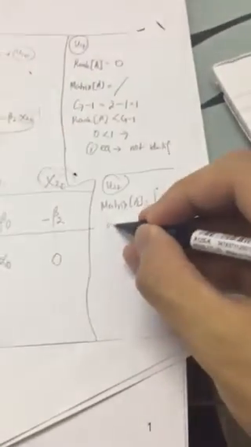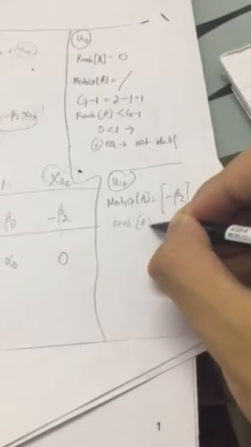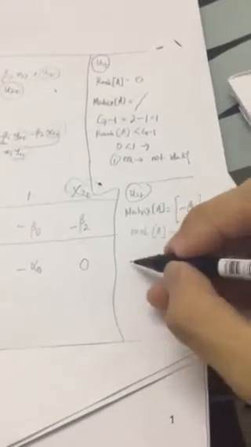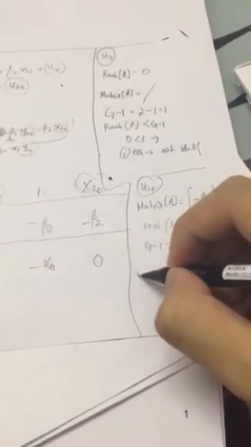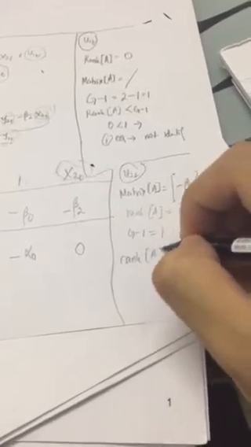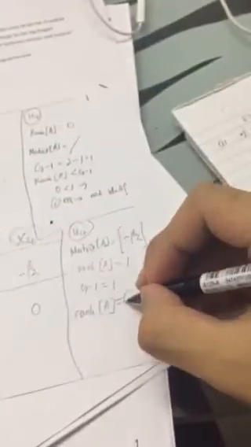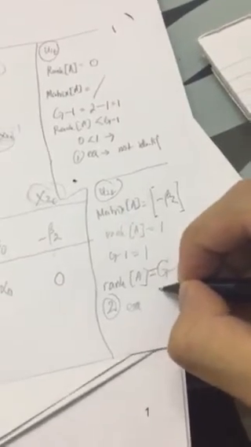We do not have any other 0. So the first column will be our first row as well, the only column in the row. So the rank of this matrix is just 1. G minus 1 is the same, 1. So rank A here is equivalent to G minus 1, which means the second equation is identified.